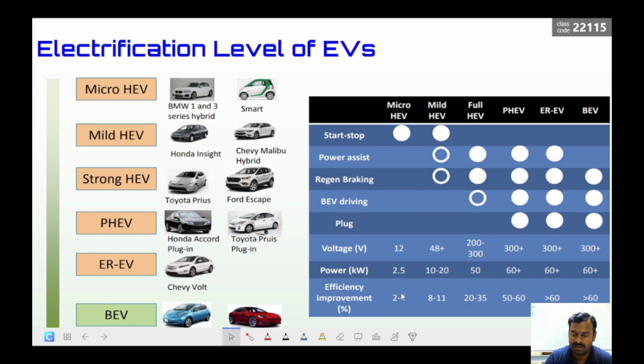Voltage ranges are available for the batteries. Power ranges from 2.5 kilowatts to 60 plus kilowatts. And for efficiency, you can see an improvement of 2 to 4 percent, and it keeps going up. For BEV, greater than 60 percent improvement can be achieved compared to fossil fuel vehicles. So this is the electrification level of EVs.